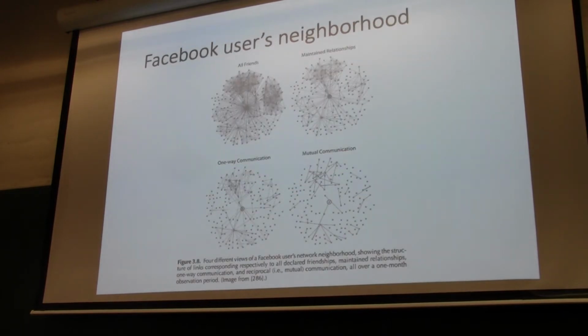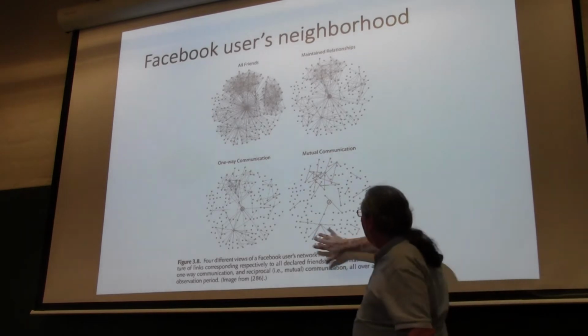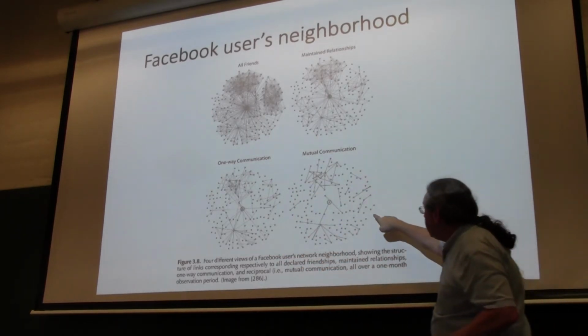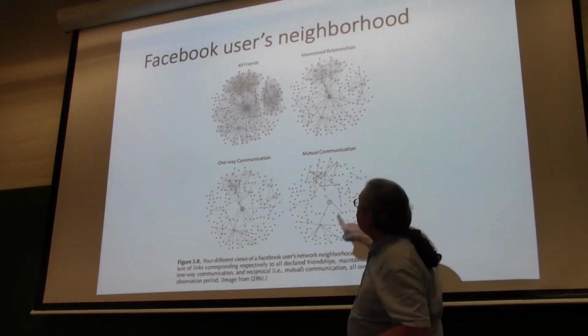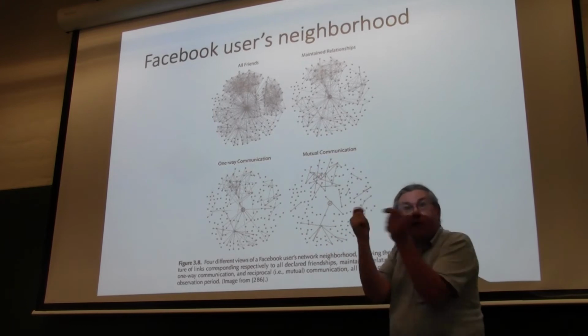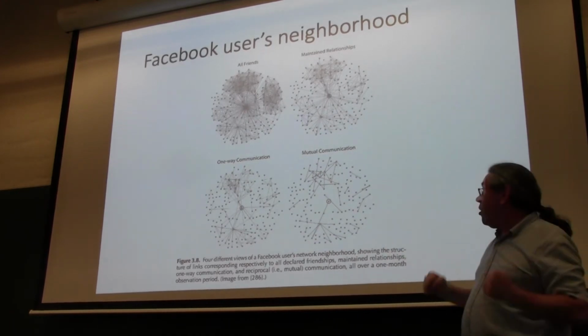And here are different graphs. This is a part of the big Facebook, a local part of this huge Facebook graph. You can see these are the 4 strengths. This one is where they're actually talking back and forth. Very strong friends.